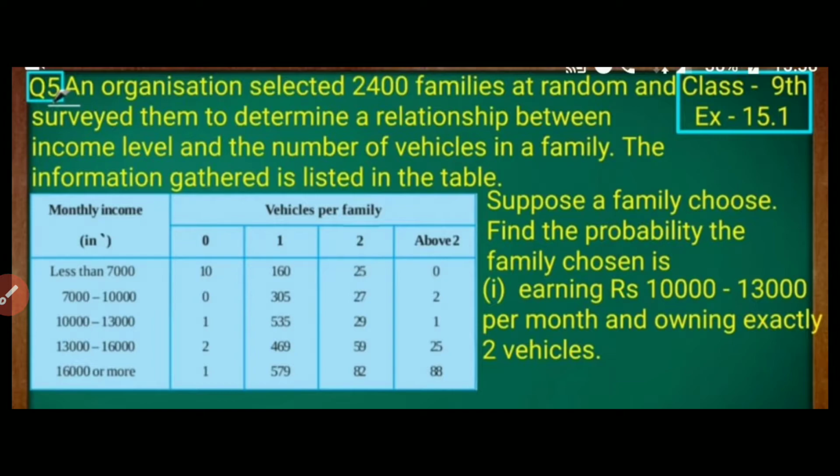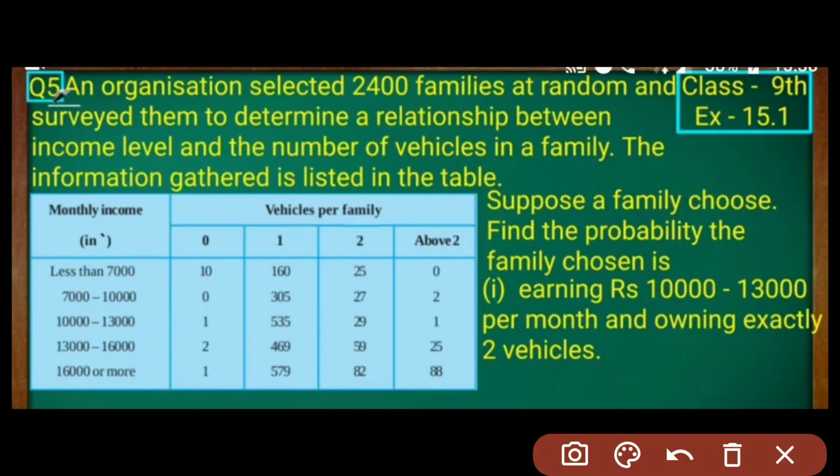Suppose a family is chosen; we have to find the probability. From this data, the first condition is to find the probability for income of 10,000 to 13,000 per month and owning exactly two vehicles.